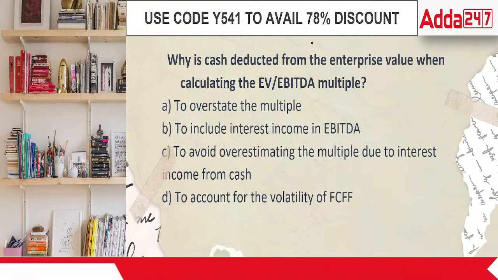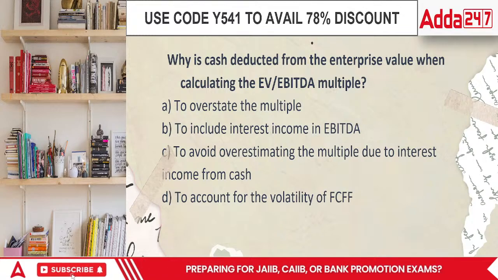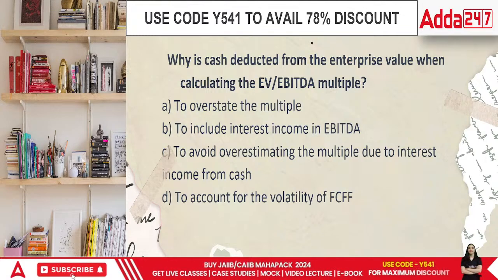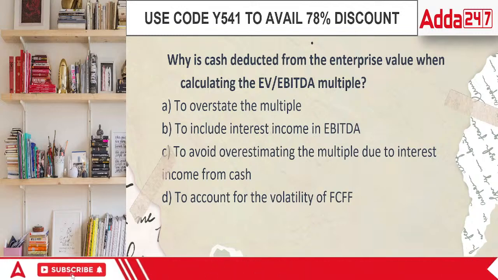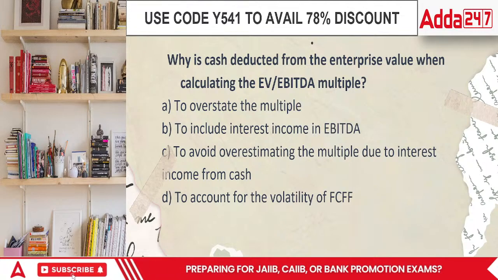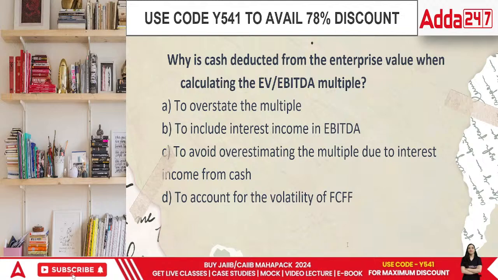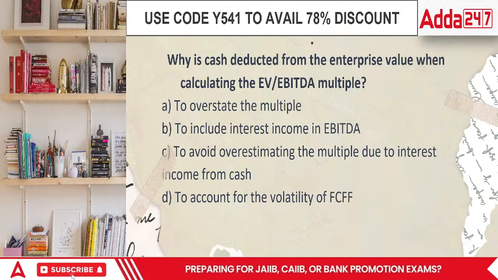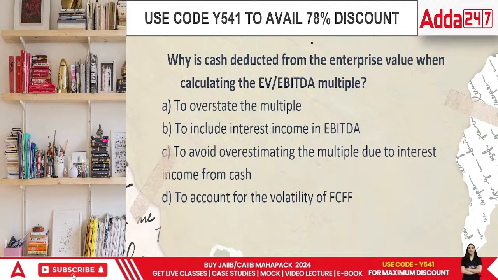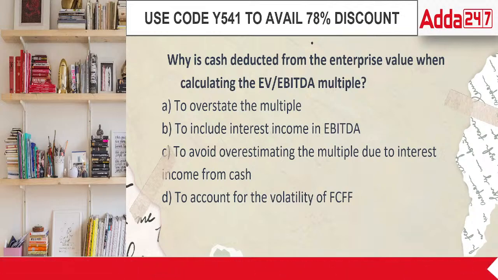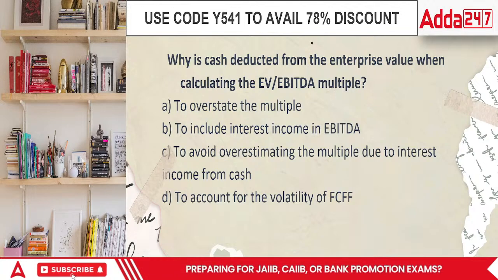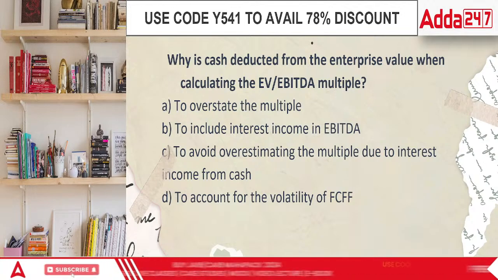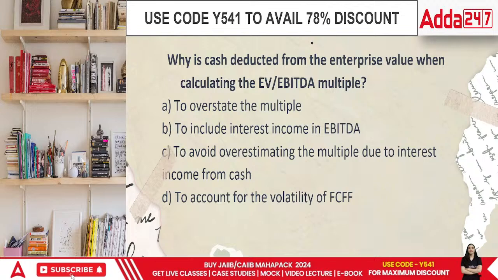What would be the answer in this case, everyone? Why is the cash deducted? The basic reason is that whenever we are recording, cash has to be reduced out of it to avoid overestimating the multiple due to interest income from cash, because whatever we are writing in terms of income, there would be more income on the cash as well.